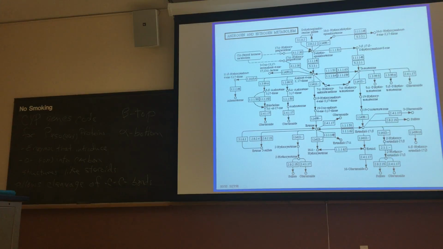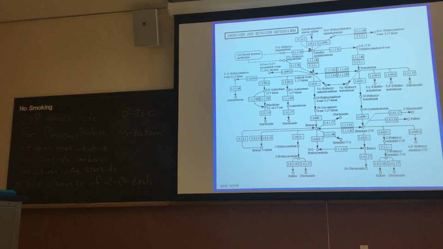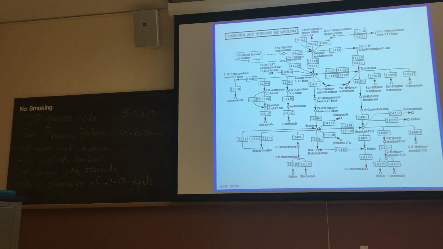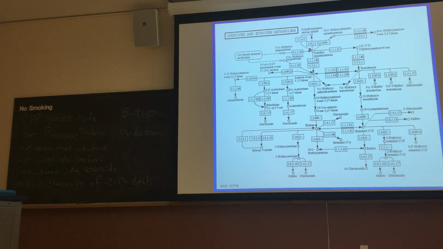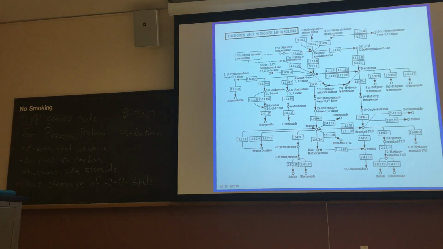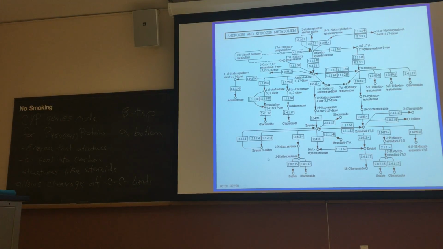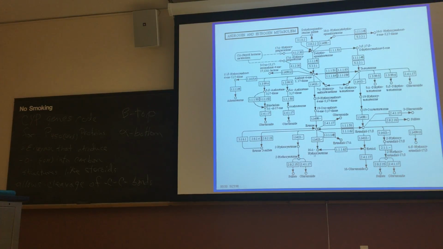So a lot of the metabolism of these steroids and of drugs or toxins like that share some of the physical chemical characteristics of these compounds. If you come down these branches, there will be introduction of oxygen species in many of them. Here's a hydroxy, here's an oxo, here's another hydroxy. Over here, there's hydroxy.